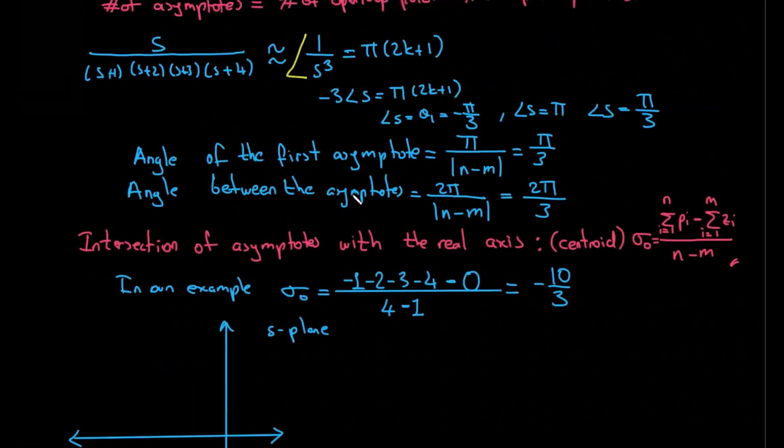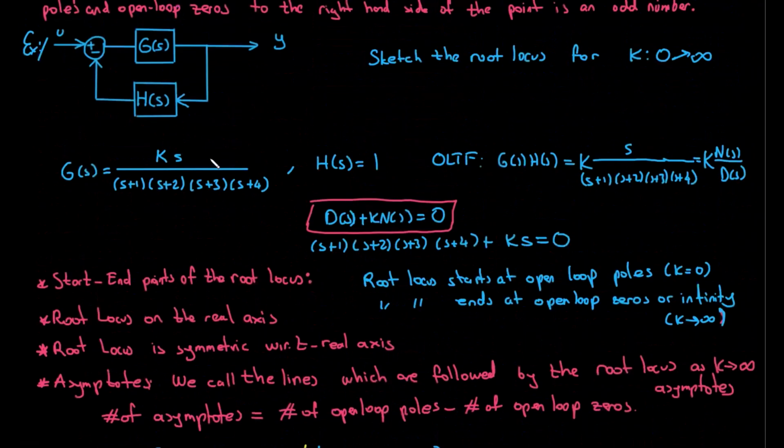All right. And I am given the task that, okay, given this open loop transfer function k times s over (s plus 1)(s plus 2)(s plus 3)(s plus 4), I would like to plot the root locus, okay? So the first thing that I need to do is write that down as k times n of s over d of s, because these will be my open loop zeros and open loop poles. And I will use them to find the start and end points of the root locus, okay?